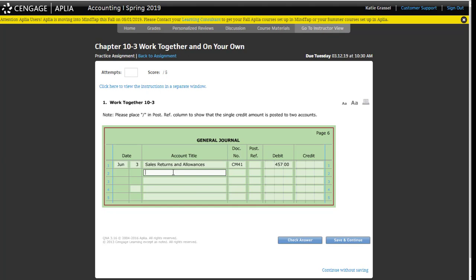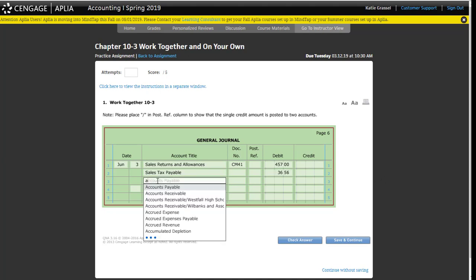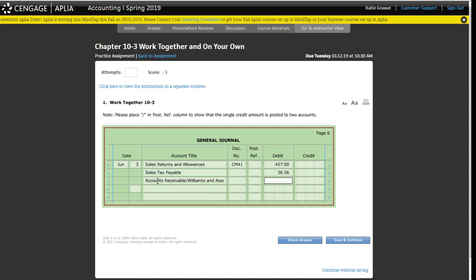Sales tax payable is a liability because it has the word payable in it. If we don't owe sales tax anymore, we have to debit sales tax payable for $36.56. Then we're going to do accounts receivable, Wilbanks and Associates, is going to be credited for $493.56.